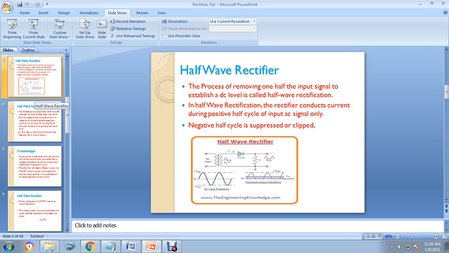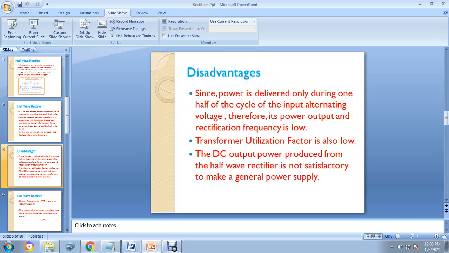When you calculate the ripple factor, it is the ratio of the AC component to the DC component of the output. Here the DC voltage is less compared to the AC voltage, so the ripple factor is 1.21, which is very high. So one of the main disadvantages is that its ripple factor is very high, as well as its efficiency is very low.